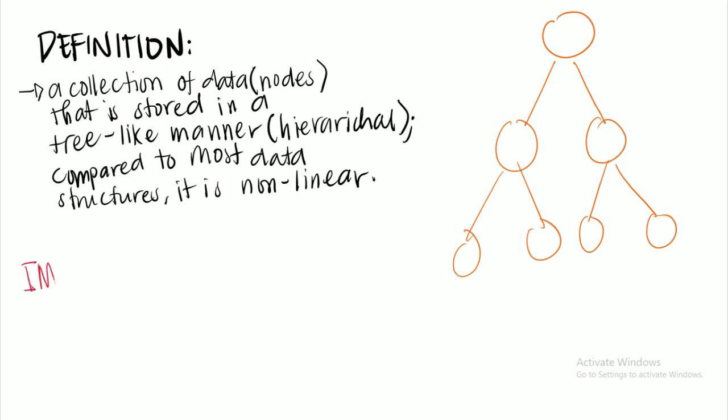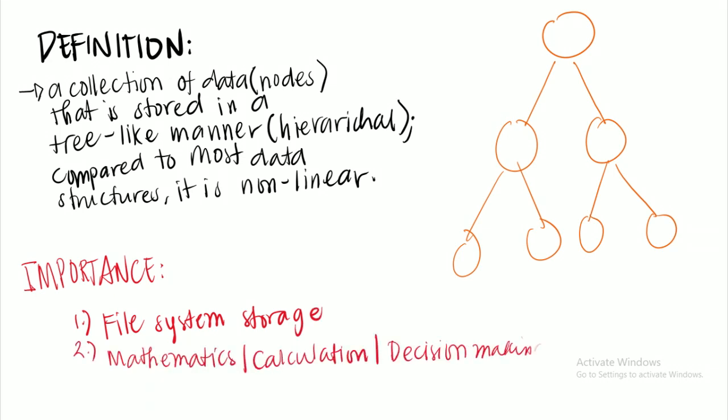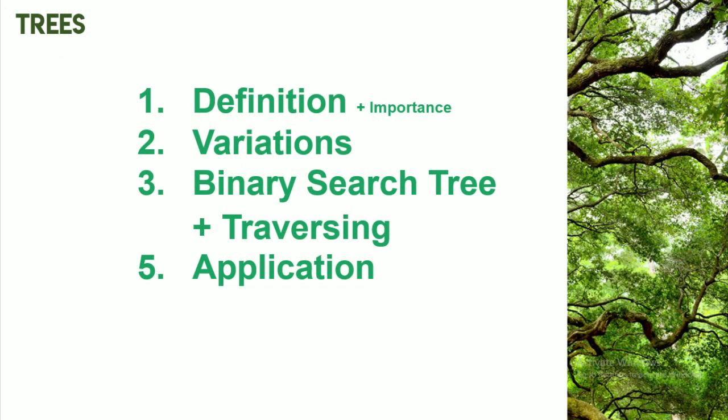In the real world, the tree data structure is used in file system storage, and it is used in mathematics, calculation, and decision making, and it is commonly used more in sorting. Now that's it for some general definition of what tree data structures are. But defining it alone with words does not necessarily mean we already understand the concept deeply at a computer science level. So let's talk about more aspects of it and see how it really works.